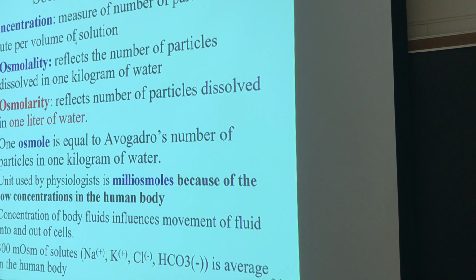Solute, you're going to see, how do we measure the concentration of things? Well, you guys remember molar mass and then volume, things like that. I just want you to understand that there is a unit that we use specifically for the amount of solutes that is dissolved in water.